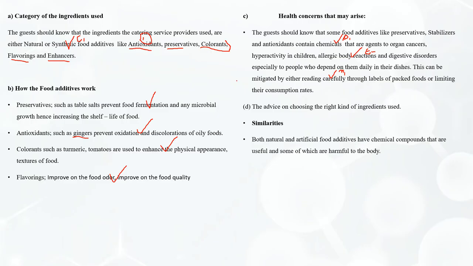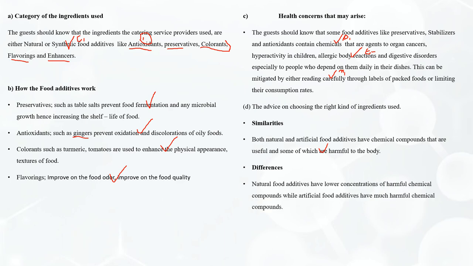Now let's look at the first one. Both natural and artificial food additives have chemical compounds that are useful and some of which are harmful. Okay, that is number one. Then another one, to talk about the difference. For example, natural food additives have a lower concentration of harmful chemicals, while artificial food additives have much more harmful chemical compounds.